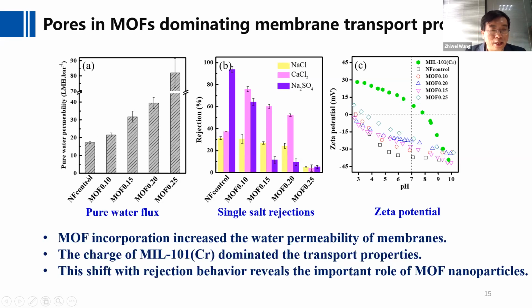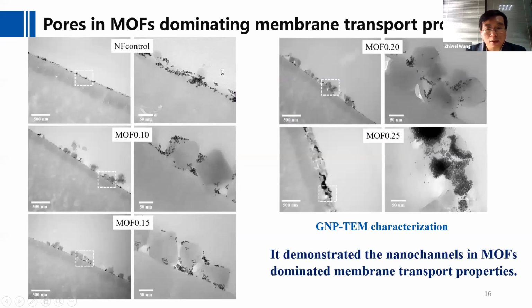You can see here, compared to the control, after the incorporation of the MOF particles, the membrane water permeability increased. Further, we use gold nanoparticles to indicate the filtration phenomenon. Here, for the NF control, without MOF particles, the gold nanoparticles were distributed evenly on the nanofiltration membrane surface.